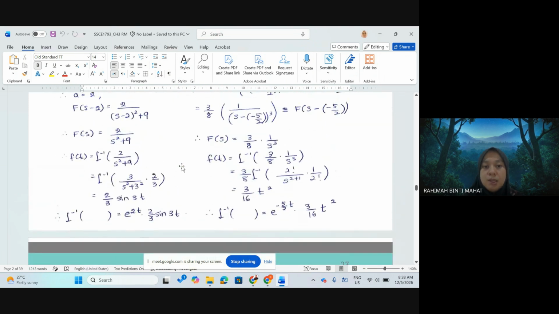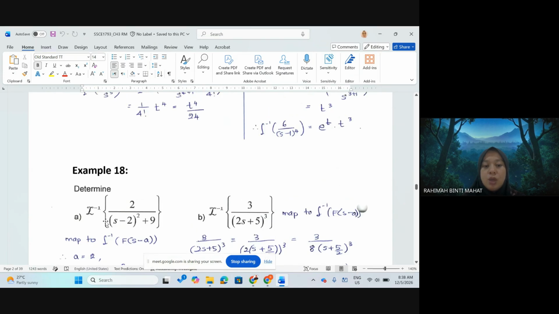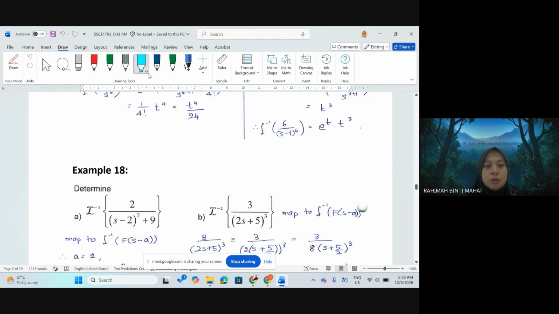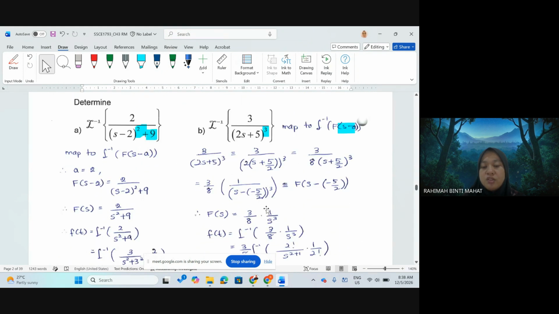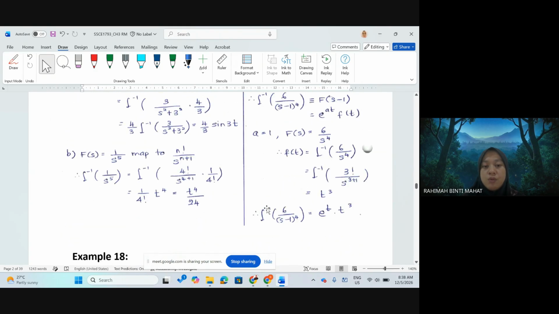Like previously, if you look here, this one you have a square, and this one you have 9. So you may know that this one gives s minus 2 squared, and this one gives 3 squared. Similar to this one, this is the power, so you will use the formula of s minus a, or in the basic one you can use t power of n, 1 over s power of n.